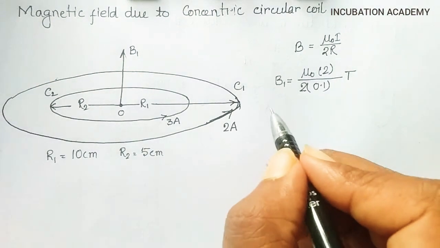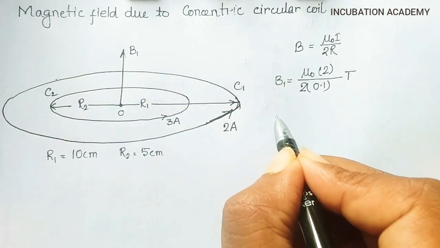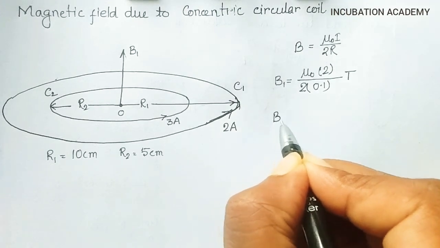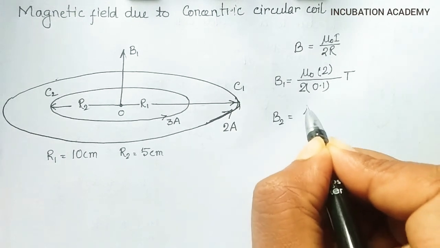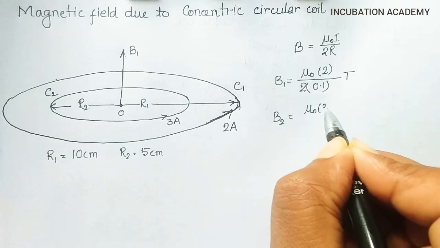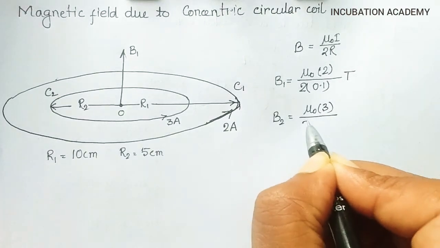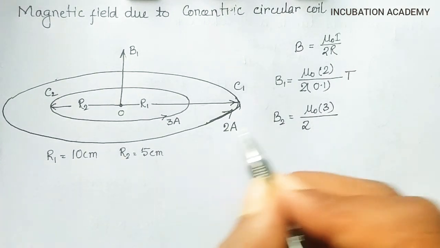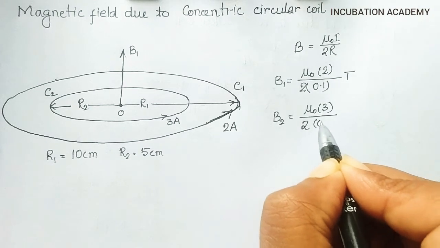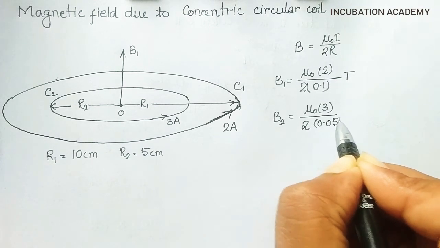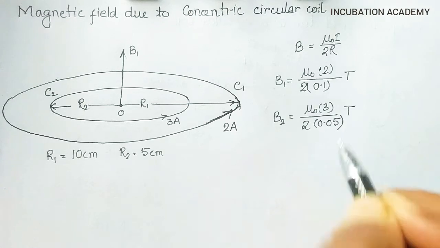Now, if I try to find out what is the value of magnetic field due to the coil 2, that will be mu naught into 3 divided by 2 into 5 divided by 100, which becomes 0.05 Tesla.